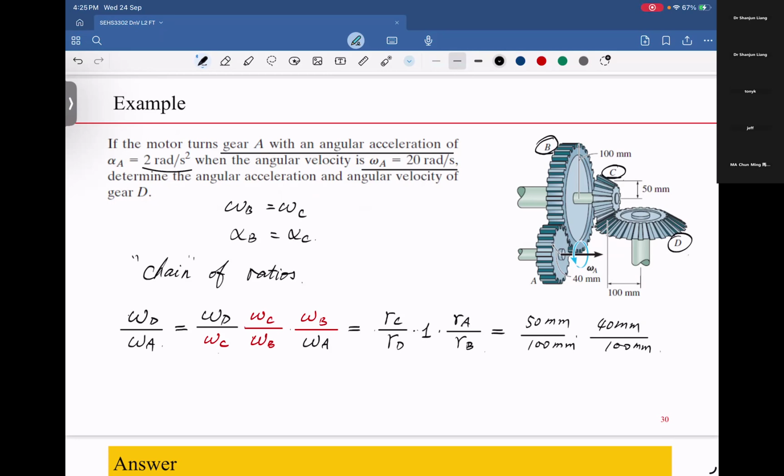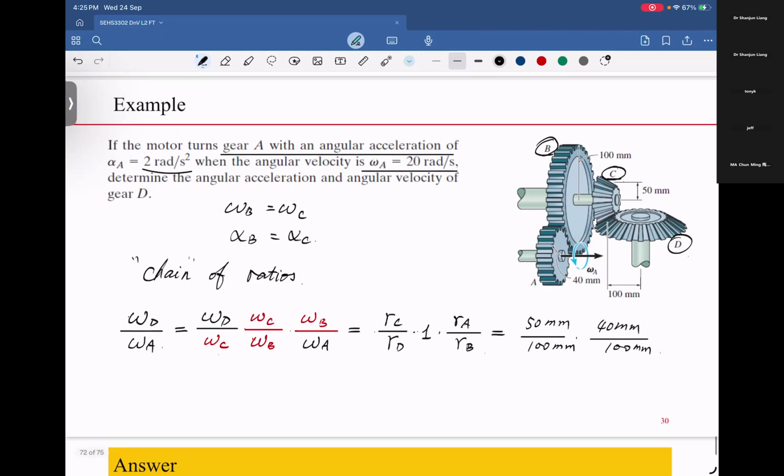Half times 0.5 times 0.4 equals 0.2. 0.2 is the ratio. So at last omega D is 0.2 omega A. And you can find omega D, right? It's 20 times 0.2 radian per second. Actually, it's 4 radian per second, right?